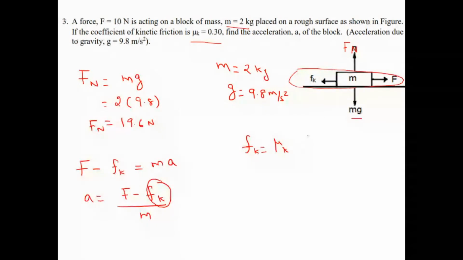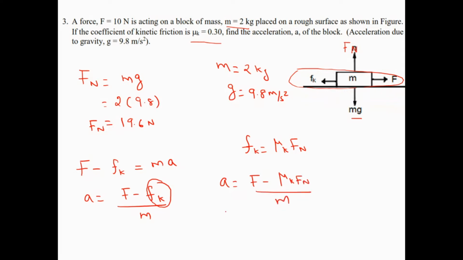Now we have to use the formula for the kinetic friction, as we already studied. The kinetic friction is given by mu k, the coefficient of friction, multiplied by the normal force Fn. So the acceleration is equal to force minus mu k multiplied by Fn, divided by mass.